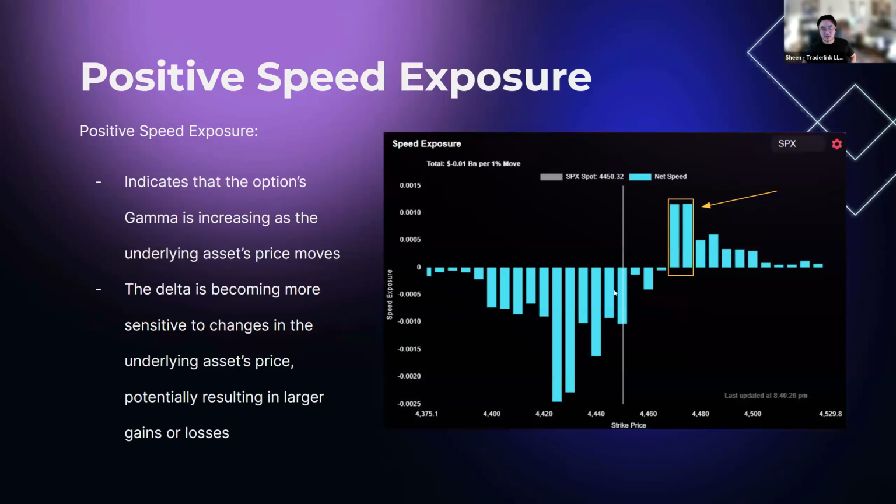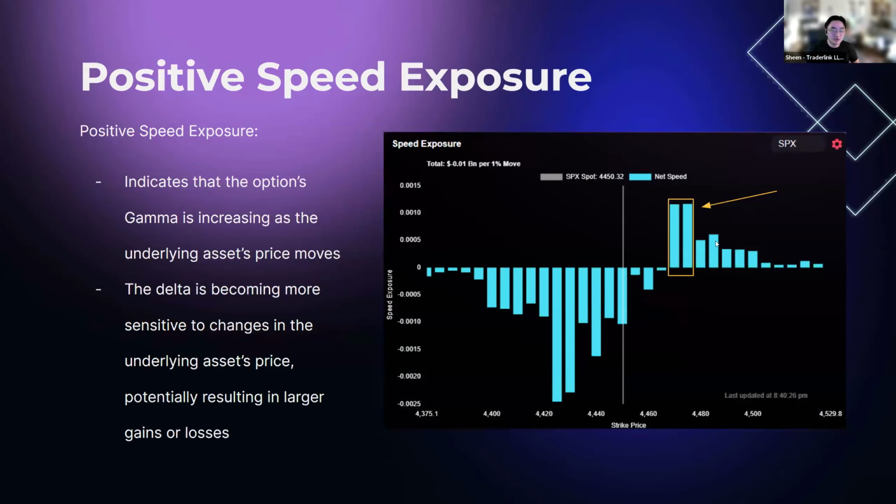Positive speed exposure. What is it, right? You see us say positive and negative all the time with every single exposure. For positive speed exposure in this instance, it indicates that the option's gamma is increasing as the underlying asset's price moves. With that being said, the delta is becoming more and more sensitive to changes in the underlying asset's price, potentially resulting in larger gains or larger losses, right?